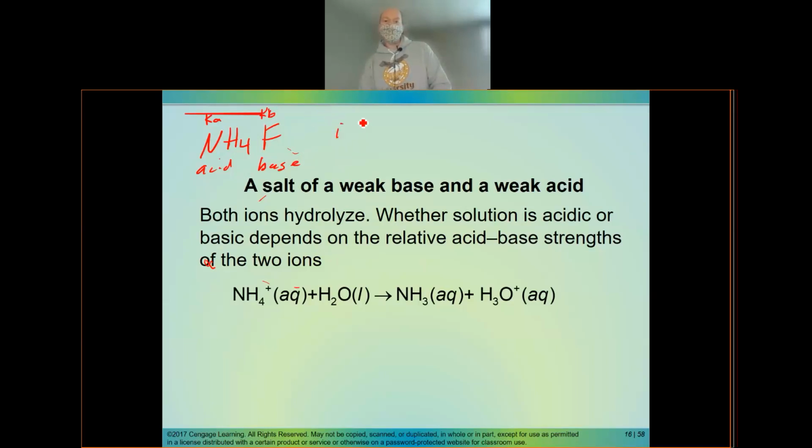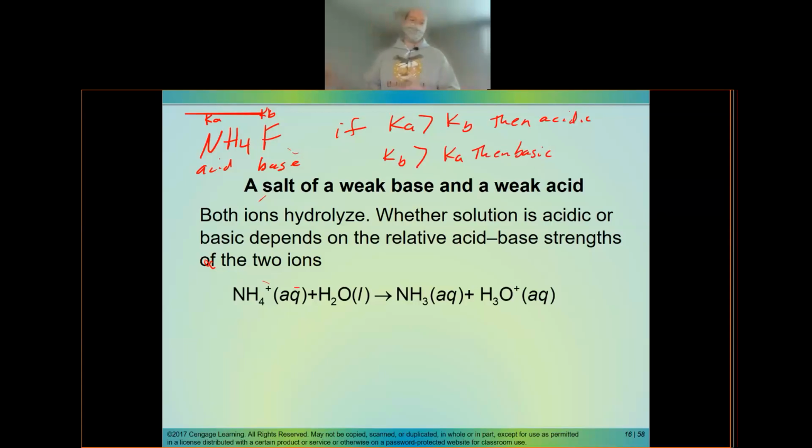If your Ka is larger than your Kb, then it will be acidic. If your Kb is greater than your Ka, then it's going to be basic. All right, so the other ones, one was neutral and the other one was a base, so it's going to be basic. If one has no effect and the other one is basic, it's going to be basic.